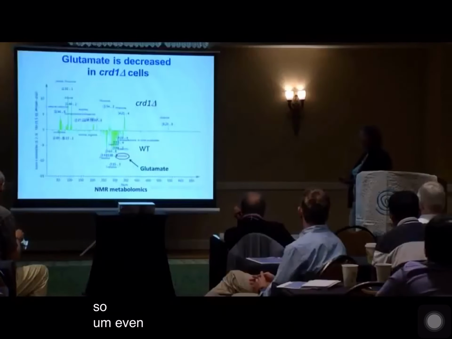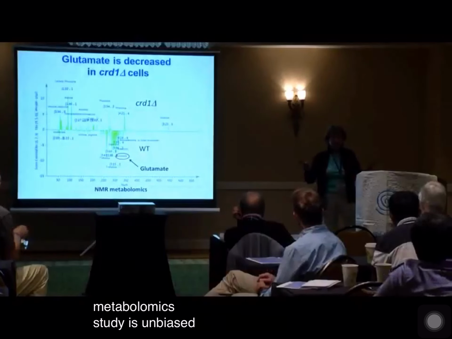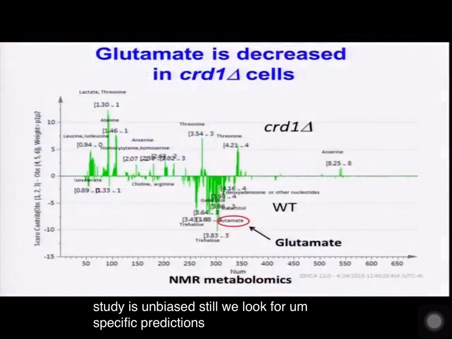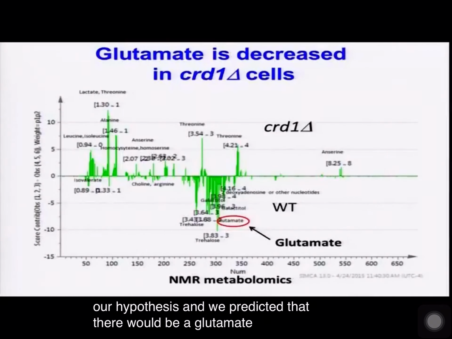So even though the metabolomics study is unbiased, still we look for specific predictions that are based on our hypothesis. And we predicted that there would be a glutamate deficiency.